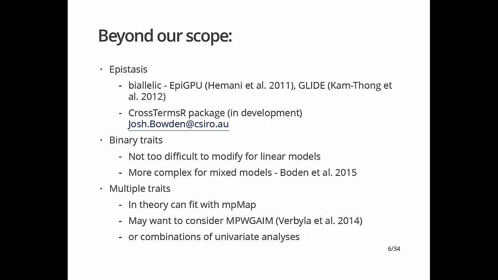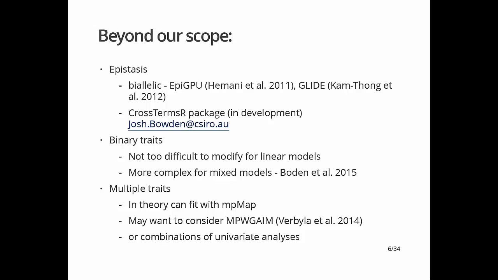And then for multiple traits, in theory, you can fit it with MP-map using the mixed model capability, but you may want to consider other approaches. There is another approach which was published by some collaborators at CSIRO again, where they were looking at a mixed model approach for multiple traits in multi-parental populations.